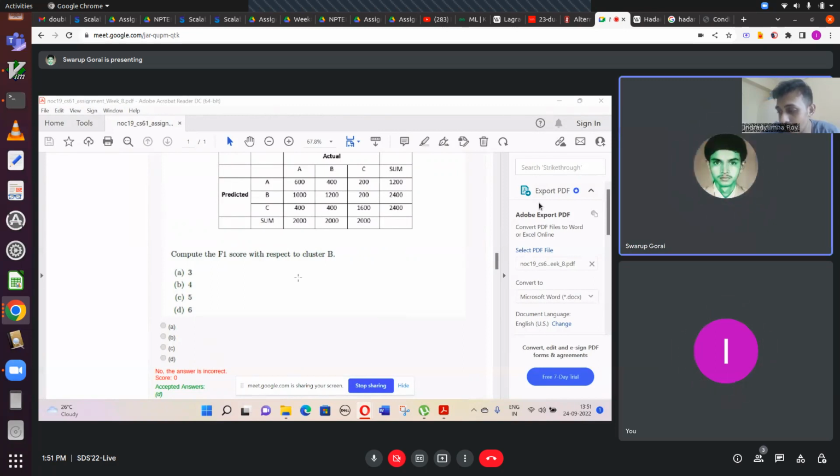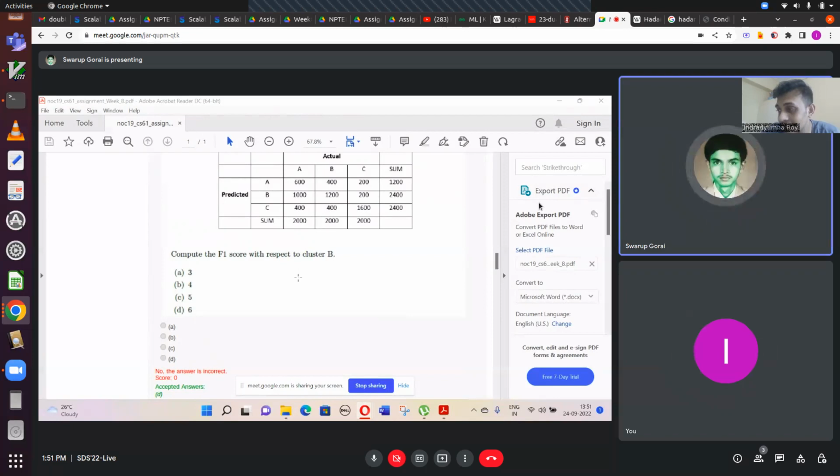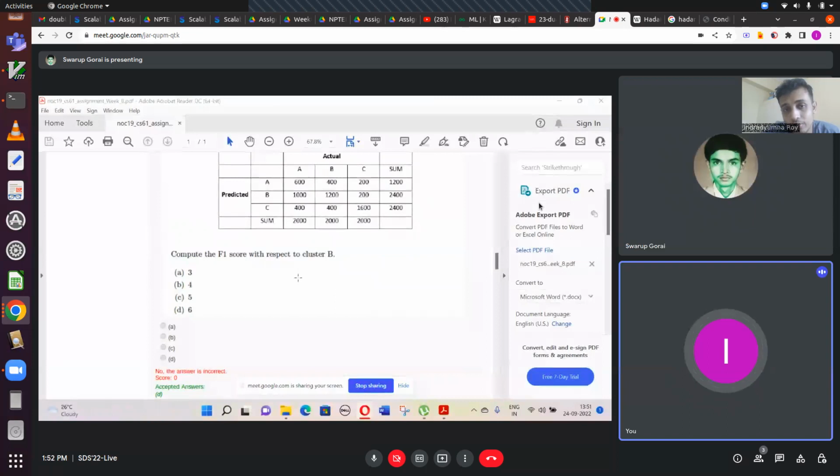How did you get it? What did you multiply in the numerator? 2 into 0.5, so where is R? 2PR, so 2 into R. R is 0.6, and 6 by 11. Accordingly, the answer according to me should be 6 by 11.